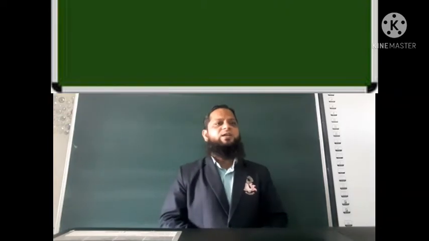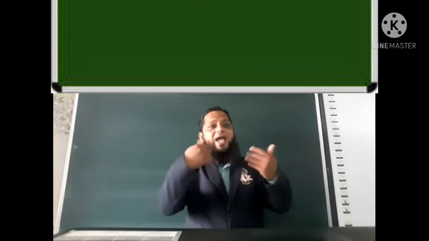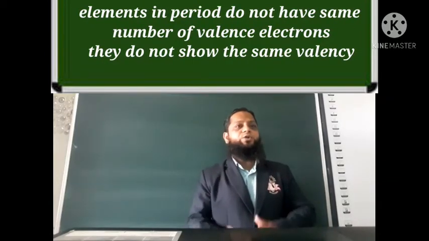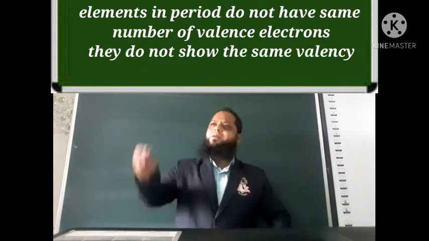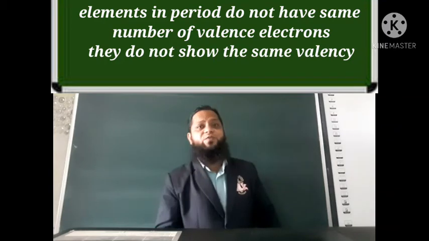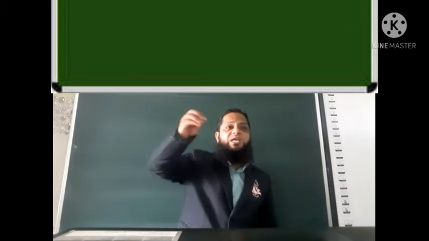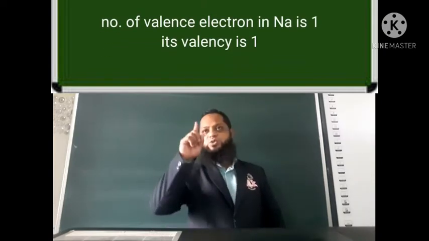Dear children, since the elements present in a period do not have the same number of valence electrons, they do not show the same valency. In a period, elements have different valencies. For example, the number of valence electrons in sodium is 1.